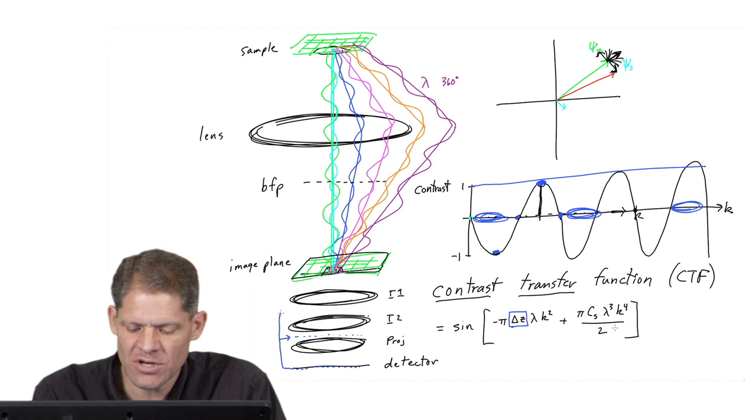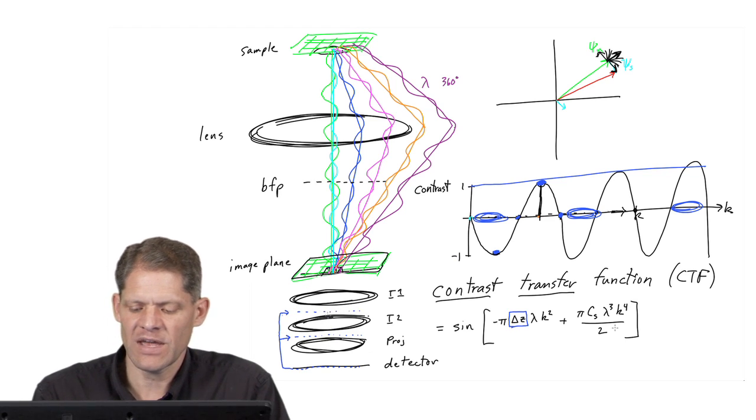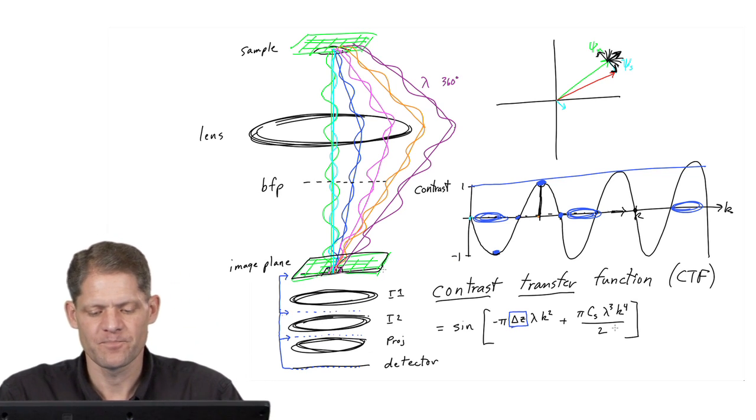In similar fashion, this plane is conjugate to some other plane above the second intermediate lens. And then, depending on the strength of the first intermediate lens, this plane is going to be conjugate to a plane somewhere in this region.